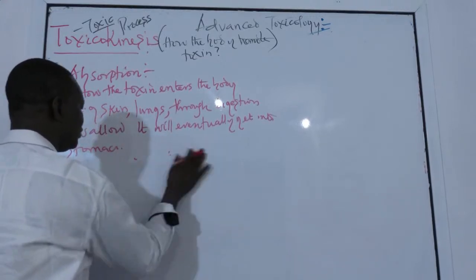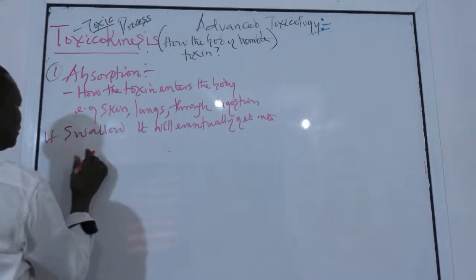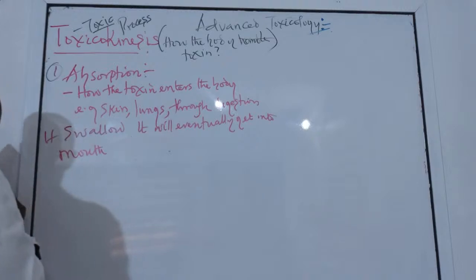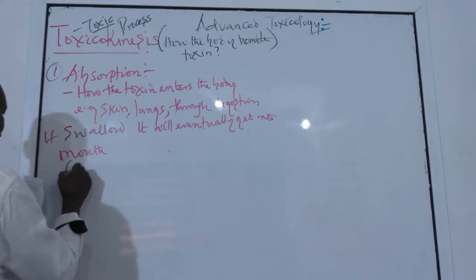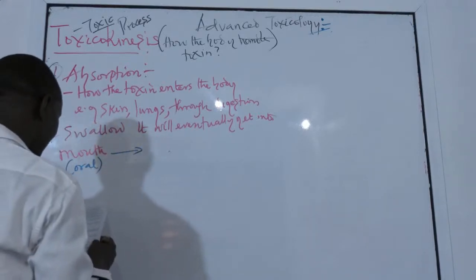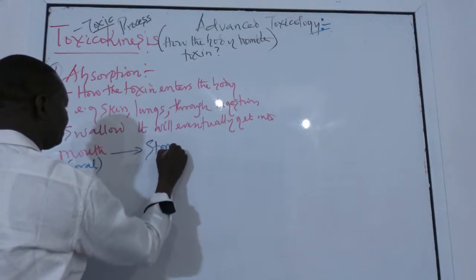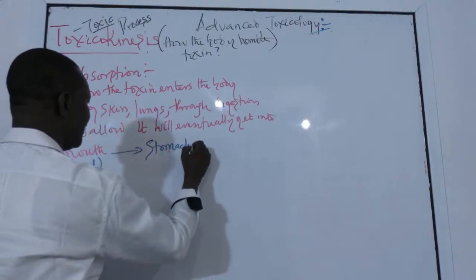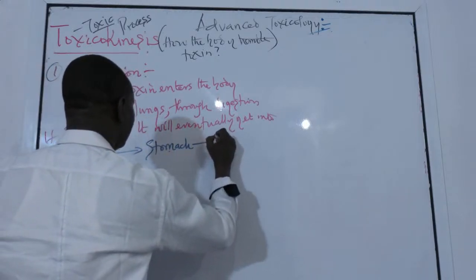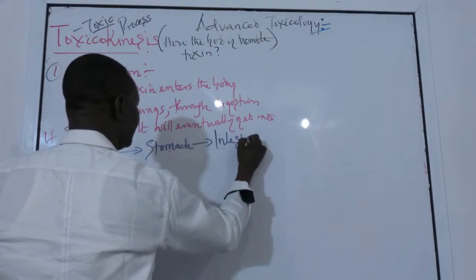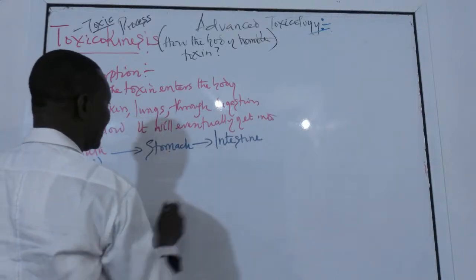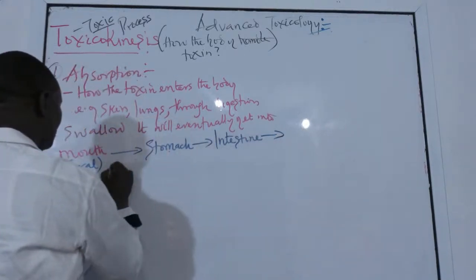Let's do it this way. If it is swallowed, that is oral, which is the mouth. From the mouth, it is going to get directly into the stomach, then from the stomach into the intestine, and from the intestine straight into the bloodstream.